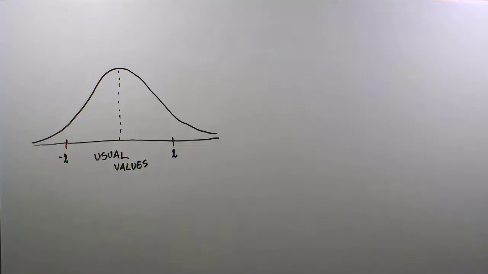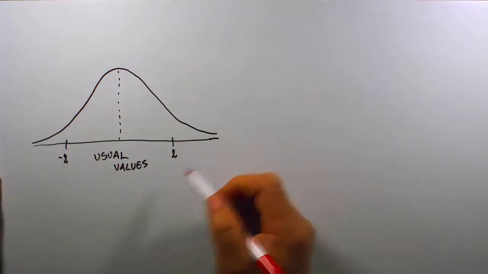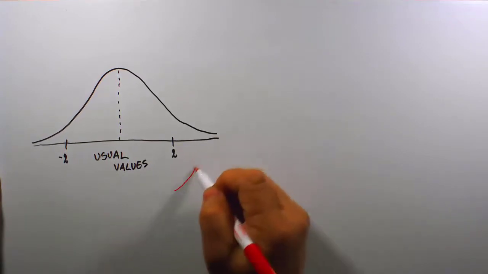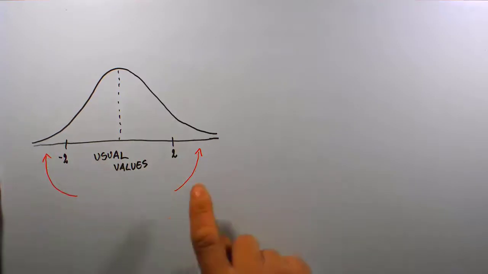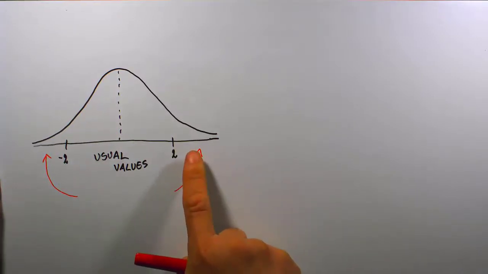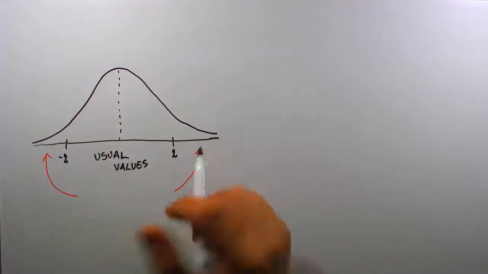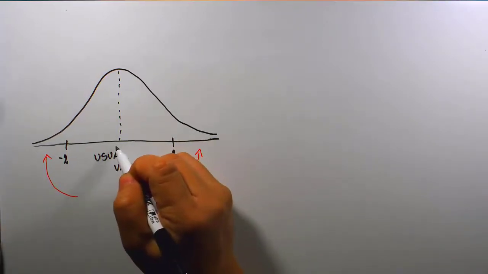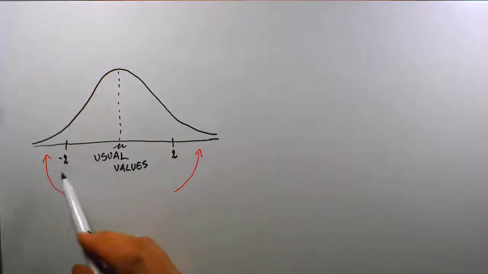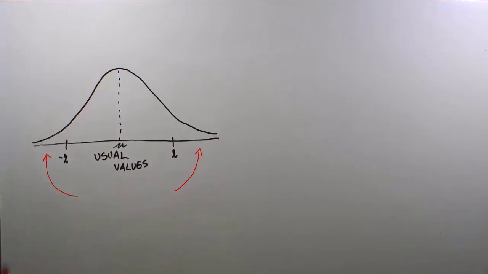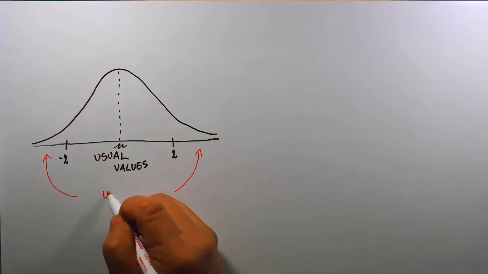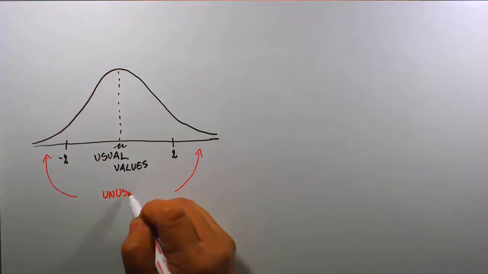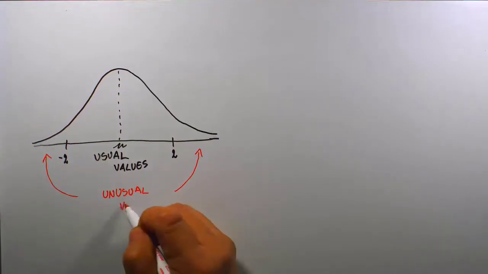And so, of course, those values having z-score either above 2 or below -2, indicating being 2 standard deviations above mean, or 2 standard deviations below mean, are being referred to as the unusual values.